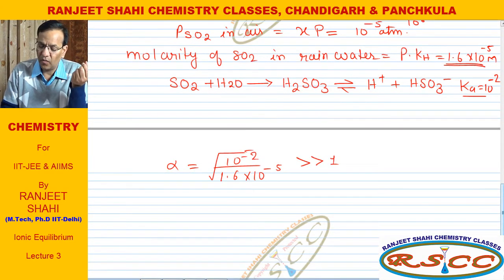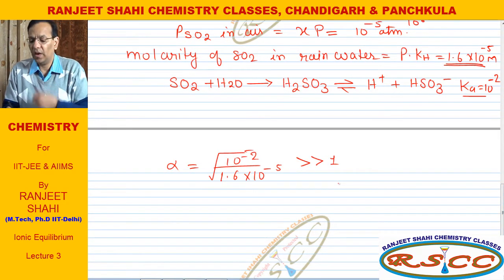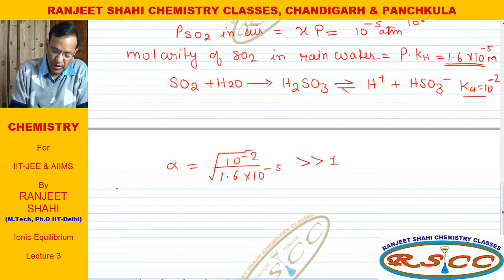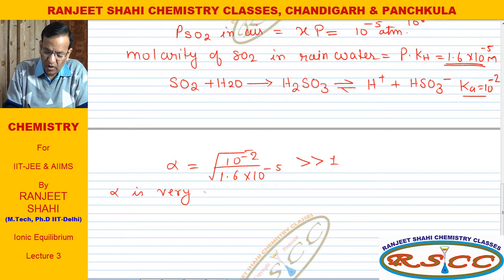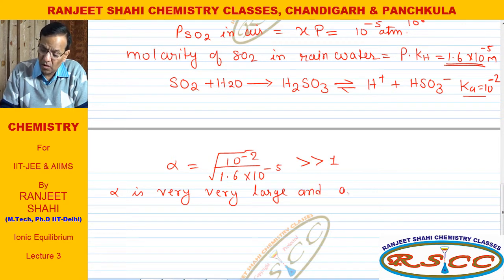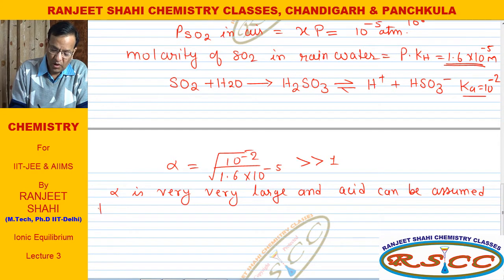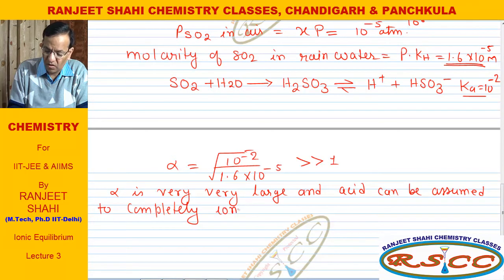This indicates that alpha is very, very large, and acid can be assumed to be completely ionized.